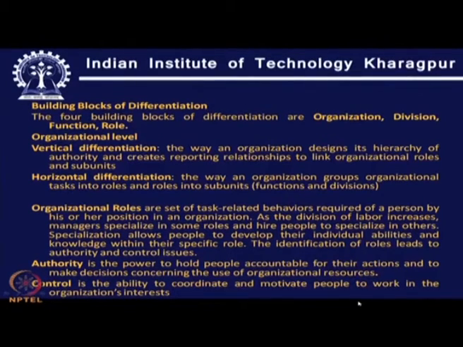Control is the ability of the organization to coordinate and motivate people to work in the organization's interest. So, these are the four major building blocks of differentiation.